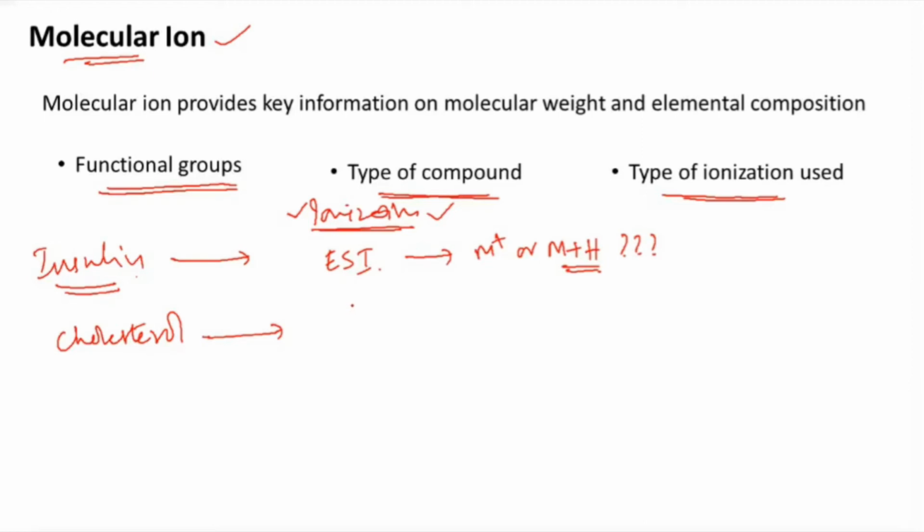A hard ionization method, sir. Very good. Can you give me one example? EI, sir, electron impact ionization. EI is a very important technique for us. Very good. Okay, so that is fine.